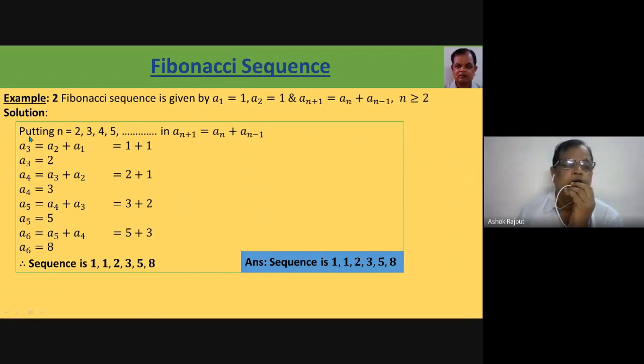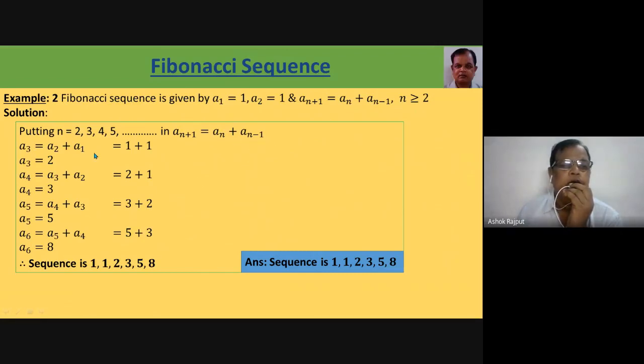We have a1 and a2, and now we want to find a3 by putting n equal to 2, 3, 4, 5 up to infinity in a_(n+1) = a_n + a_(n-1).